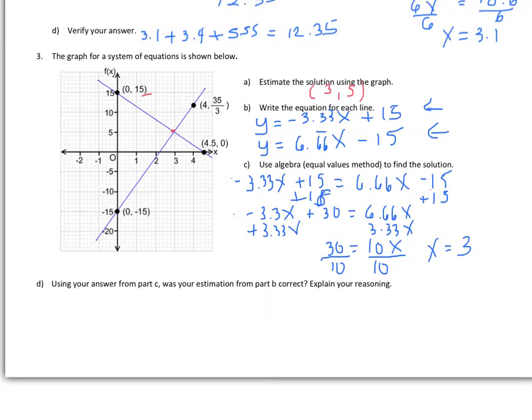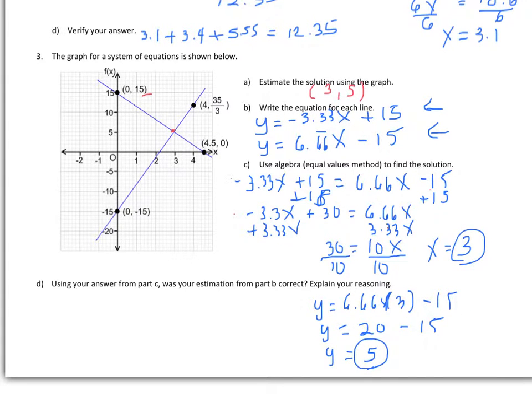I'm just going to make it 20. So y equals 20 minus 15. y equals 5. So you can see 3 and 5, my answer is exactly the same as my estimate for A.